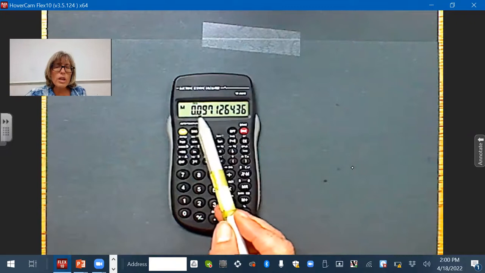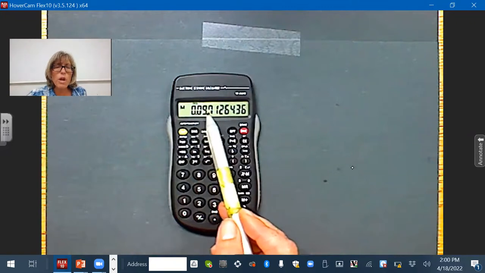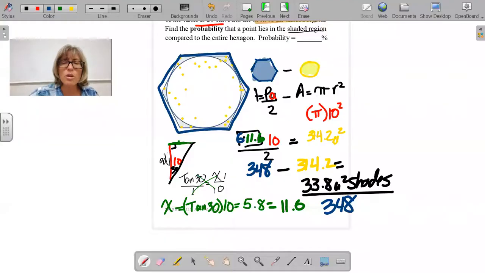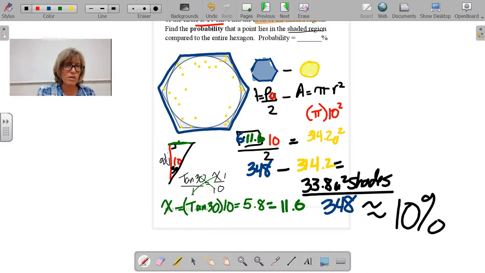So if you look here, this is basically 0.097. This is going to round up to 0.1. So there is approximately a 10% chance that any point within the hexagon is going to randomly land in that shaded region.